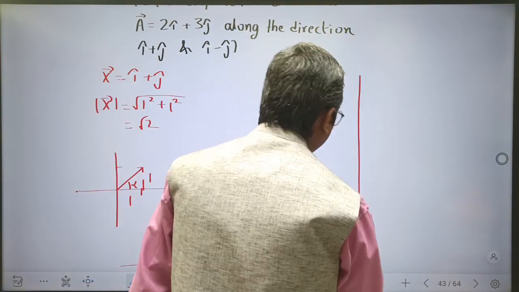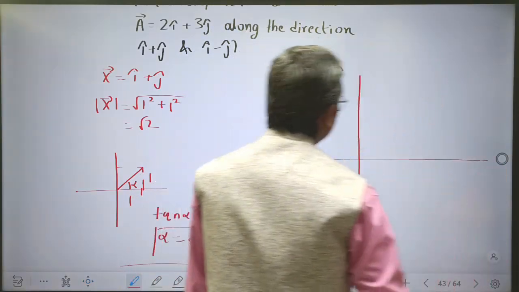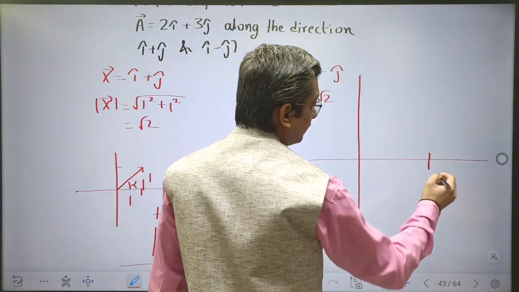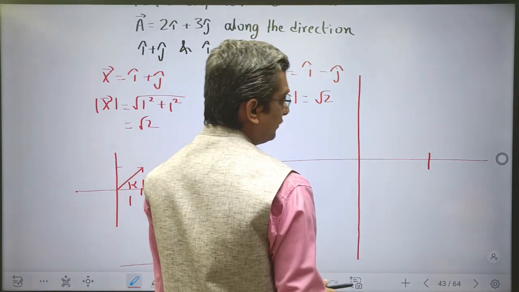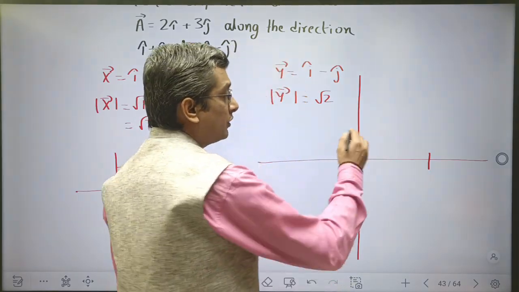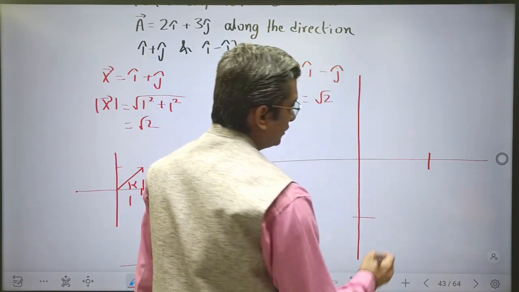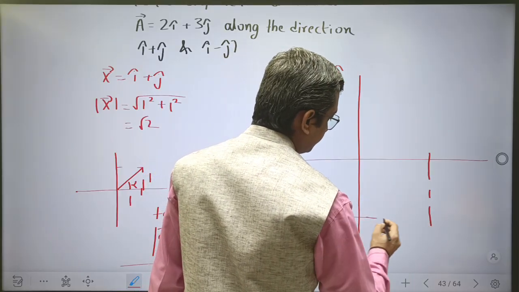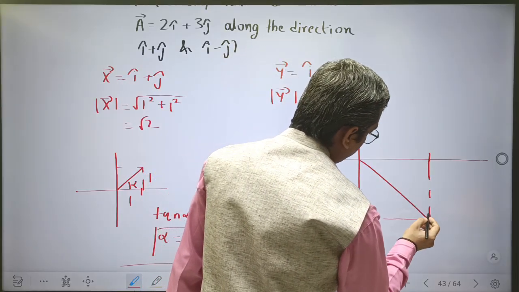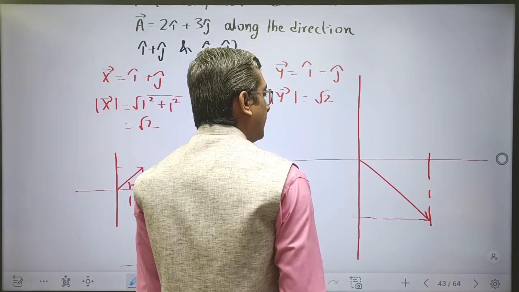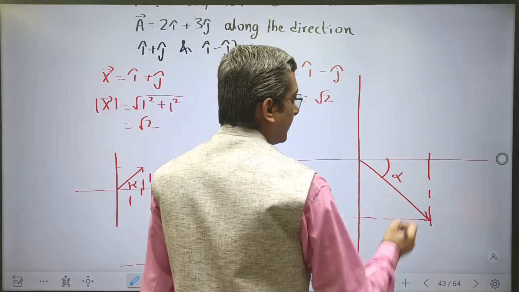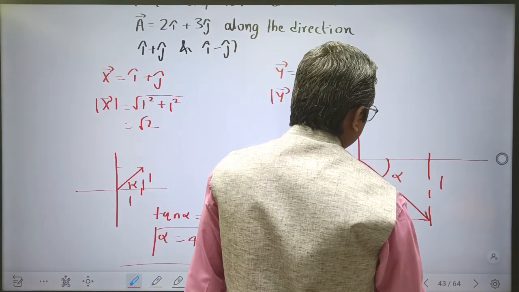I cap minus j cap. What you do? I cap, that is 1 along positive x-axis, minus j cap, that is minus 1, isn't it? So 1 along negative y-axis. So this value. So this is the vector. So here this is the vector, isn't it? Now you can take this angle as alpha. So this is 1, this is 1.